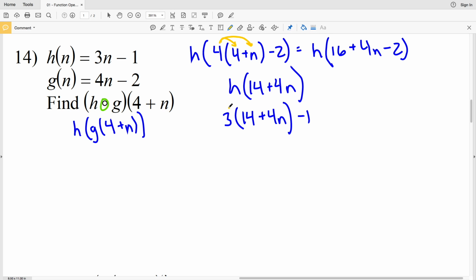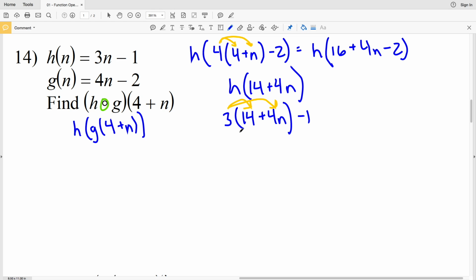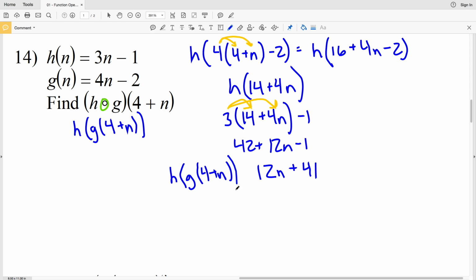Now I'll distribute this 3 and simplify to solve. 3 times 14 is 42 plus 3 times 4n is 12n, and I'll be subtracting 1. So combining my like terms will be combining 42 and taking away 1. So 12n plus 41 is equal to h of g of 4 plus n.